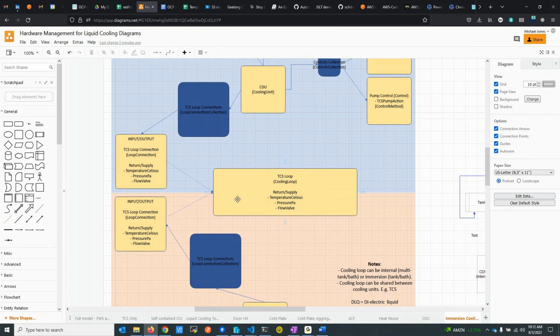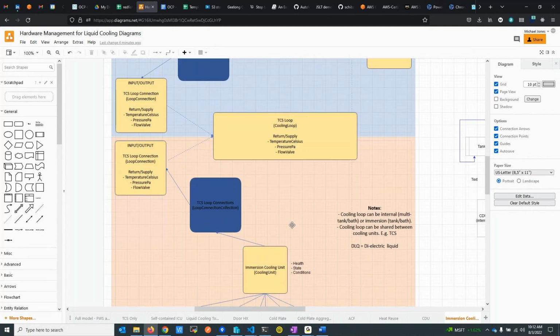I've seen all different types of layouts for immersion cooling, so there is the possibility of a CDU chain here. I've just left it out for brevity. And again, on the inputs and outputs, you've got your temperature, pressure, and flow rates.